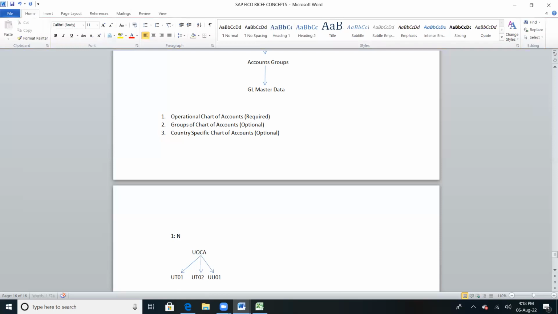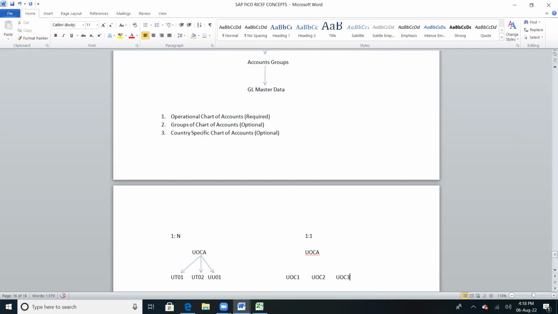One chart of accounts is used for one company code. Here, UOC1, UOC2, UOC3.